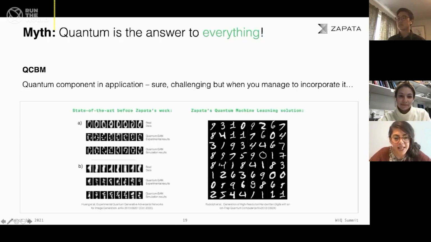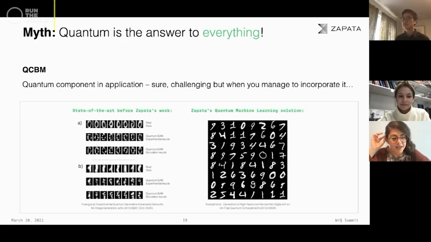So here on the left, you can see the state of the art before our algorithm, and then what we were able to obtain. The point is that when you are able to incorporate your quantum trick, your quantum magic, in a good way into your algorithm, you can really enhance its performance.